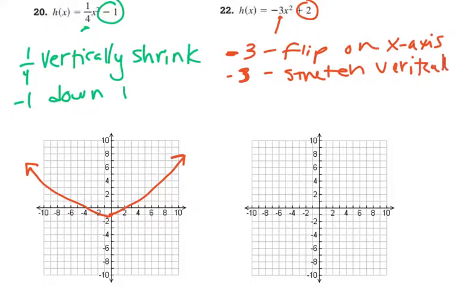So instead of getting wider like the last one did, it'll get skinnier. And then the +2 is going to move the equation up 2 units. So up 2 units, flipping on the x-axis, and then also stretching vertically, so skinnier. There you go. Wonderful.